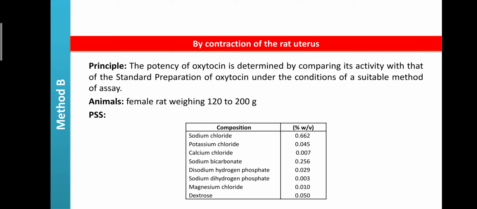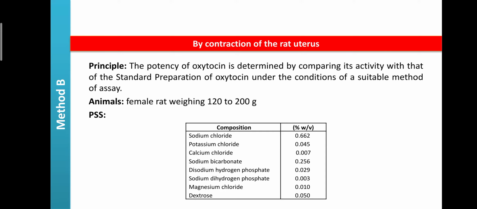So the test solution activity, or your discovered drug activity, is studied by using the isolated rat uterus. Regarding the principle, the test solution's effect on the contractions of uterine muscle is compared with standard preparations of oxytocin with known concentrations.